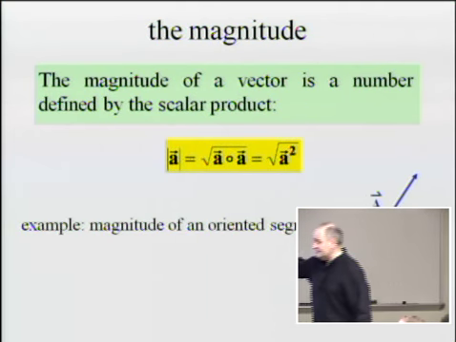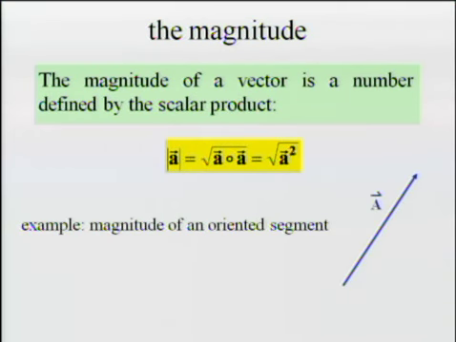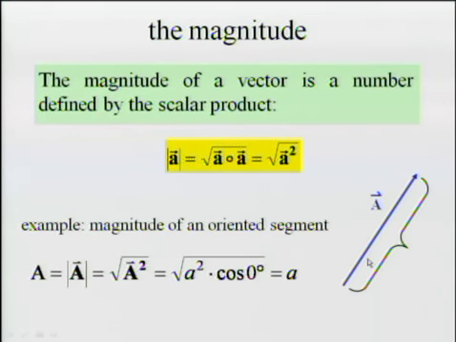All right. So let's now think about the magnitude of an arrow. Consistently with the book, the book uses a regular letter to represent the magnitude of a vector.